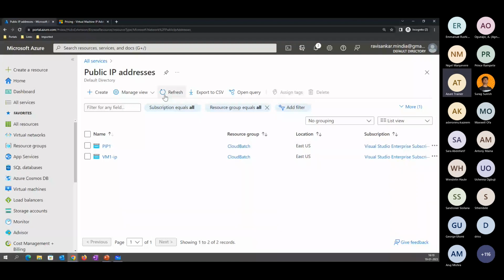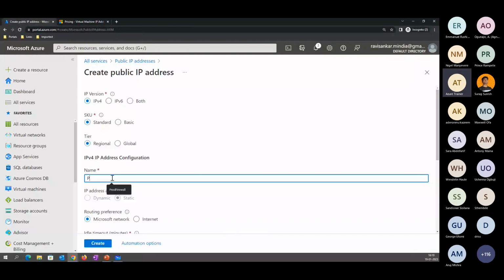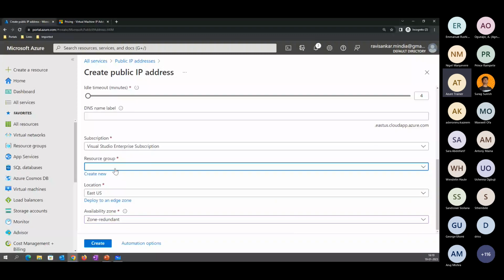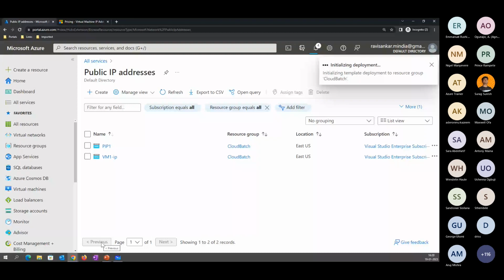Let me create one more public IP address here. Let's create another public IP address called public IP address 2, like PIP2. Now let me create it in another region instead of East US. Let me create it in another region called Central US. So the second public IP address has been created here.